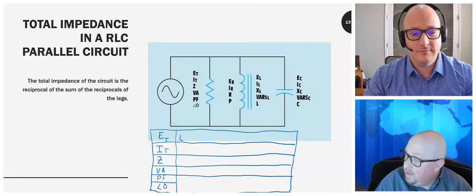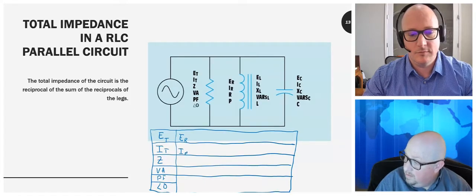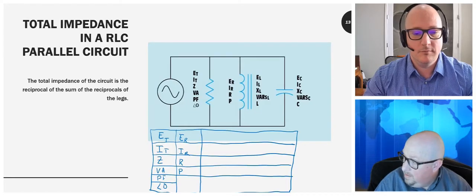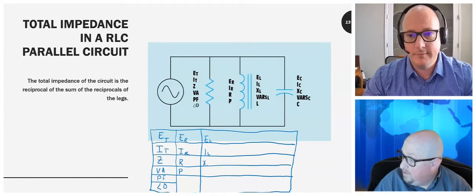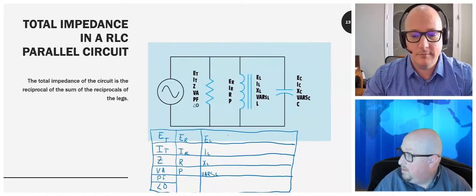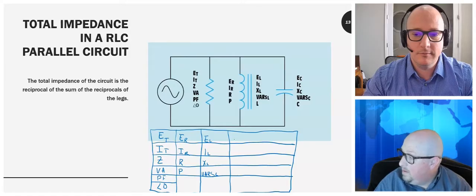So now I could take my resistance. My capacitive voltage, my capacitive current, my capacitive reactance, my VARs of L, if I took my, oh, I said capacitive, I meant inductive.